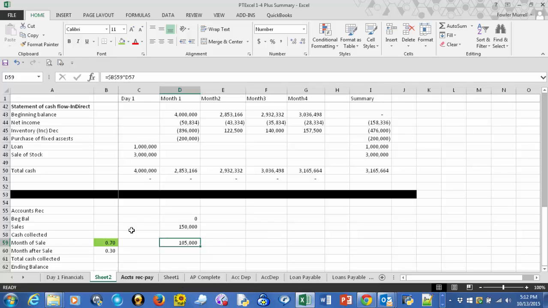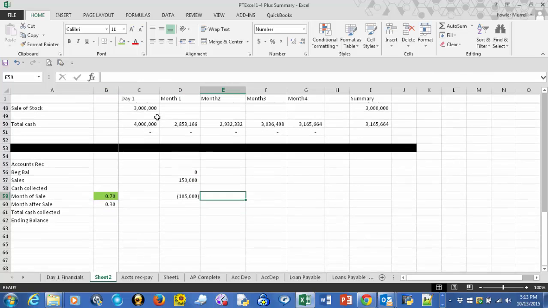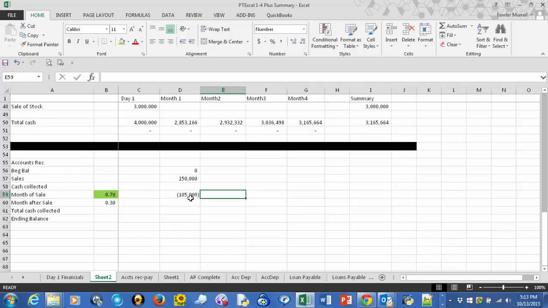Oops, that should have been negative. I keep saying it's going to be negative, and then I never make it negative. $105,000.